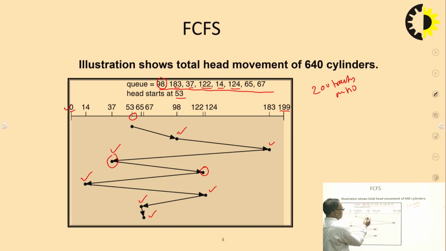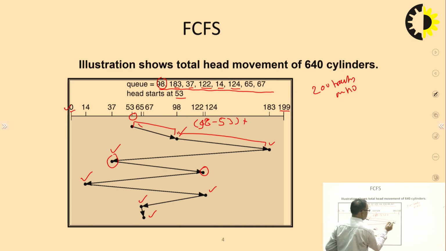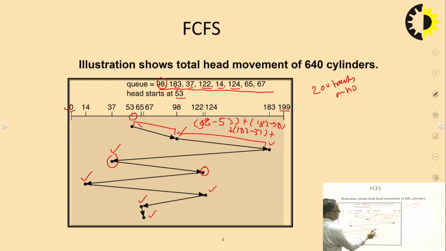The total head movement will be 98 minus 53, this distance, plus this distance, which is 183 minus 98, plus again this distance, 183 minus 37, plus from 37 it moves to 122.